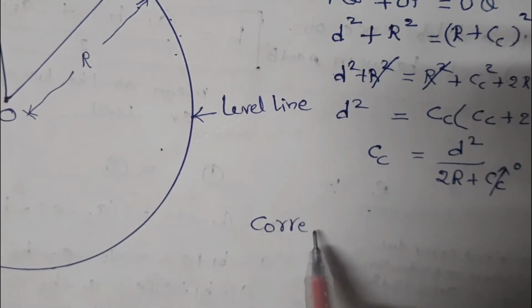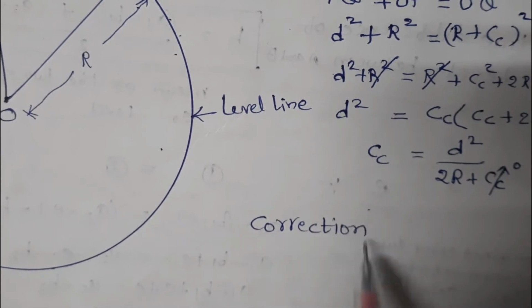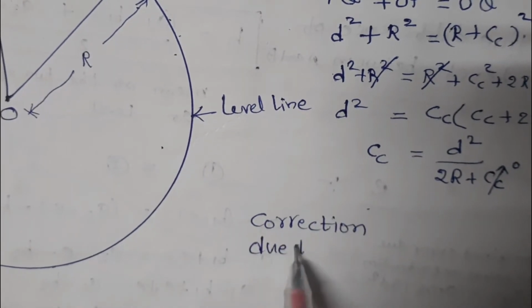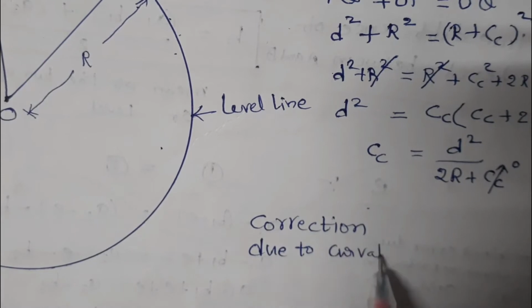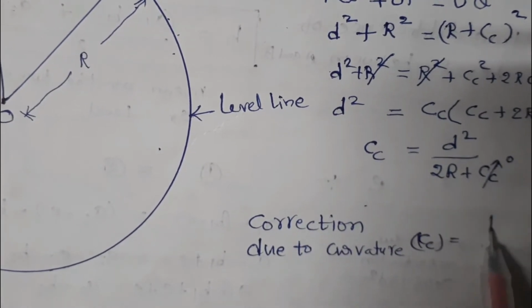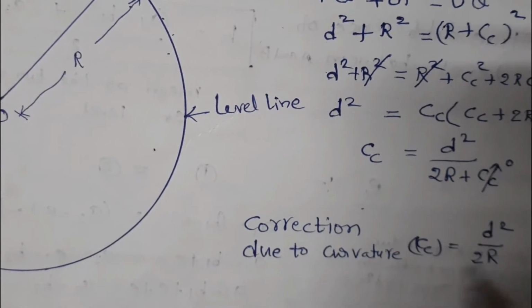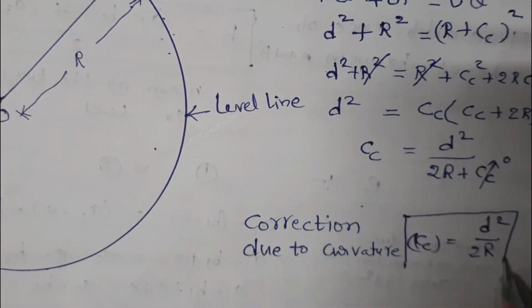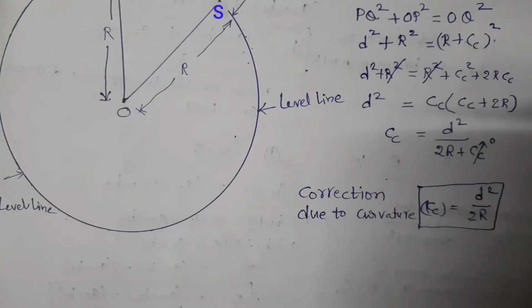Correction due to curvature or earth curvature. Correction due to curvature of earth surface, CC is equal to D square divided by 2R. Because of earth curvature, the staff gives larger staff readings, so the correction should be deducted from the observed staff reading.